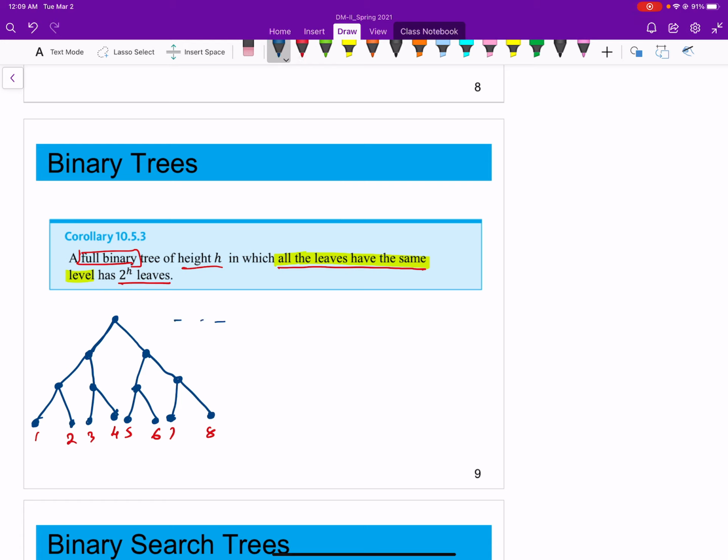Now just compute the height: level 0, level 1, level 2, level 3. So the height is 3. That means h equals 3. 2 to the power 3 equals 8. That is the number of leaves. Okay, you have seen that.